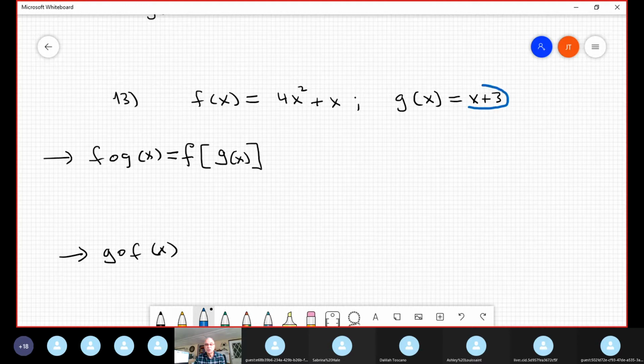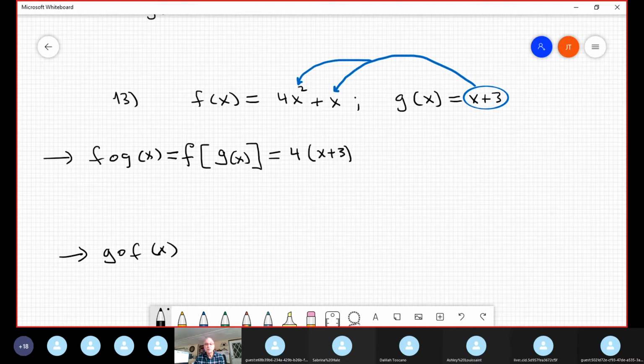I substitute it completely into the x value of f, the outermost function. So what's the idea? 4, no x anymore, it's (x plus 3) squared plus, no x anymore, x plus 3.